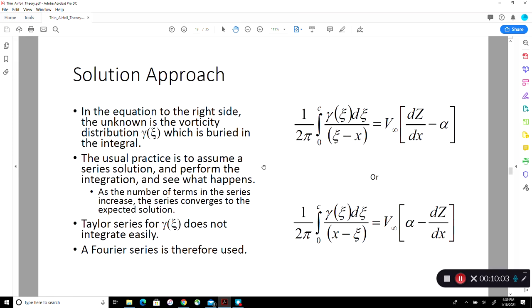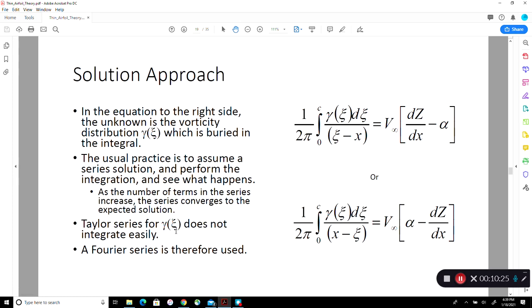So these people, they said, we are going to change a variable, come up with something different. Instead of distances, I'm going to convert them into angles. Then I'm going to use what we call a Fourier series instead of a Taylor series or a polynomial series.